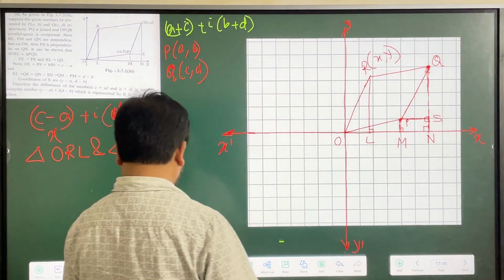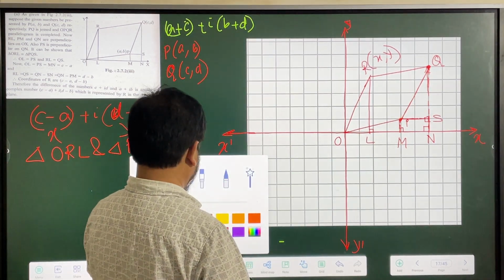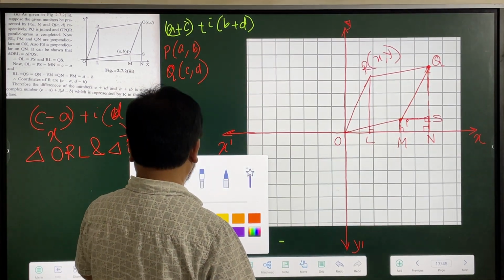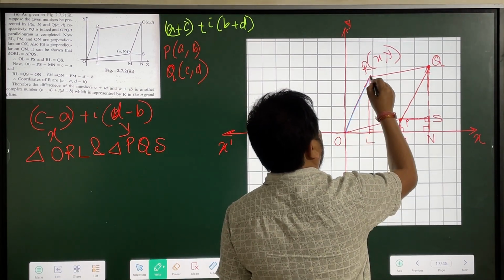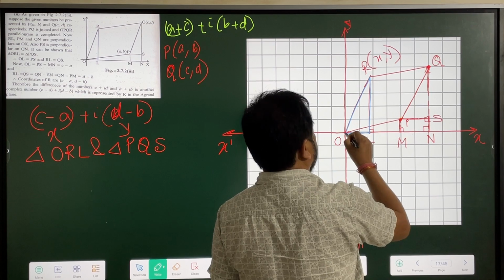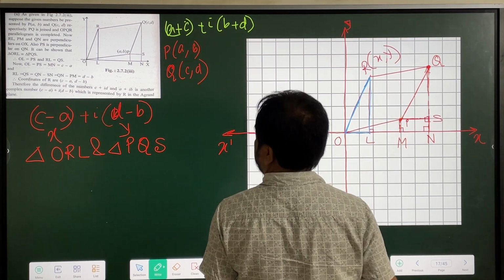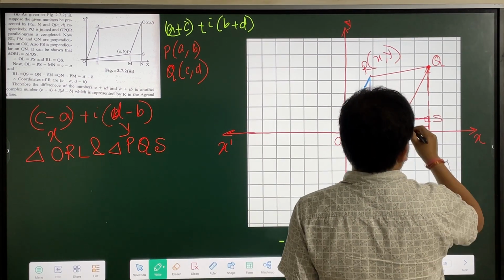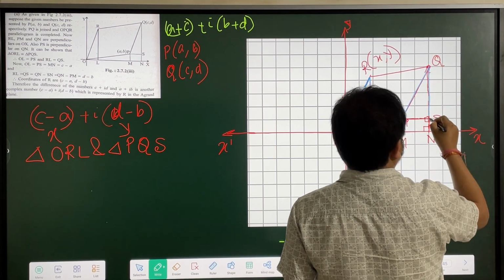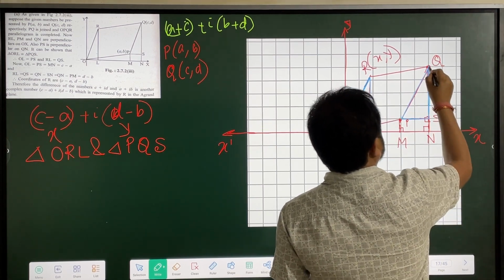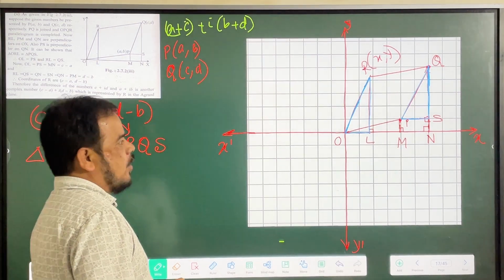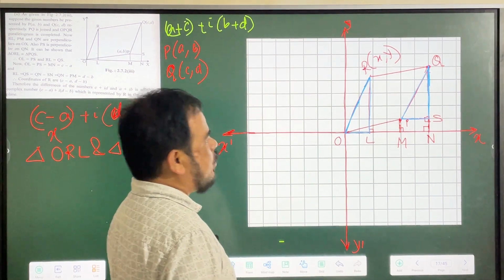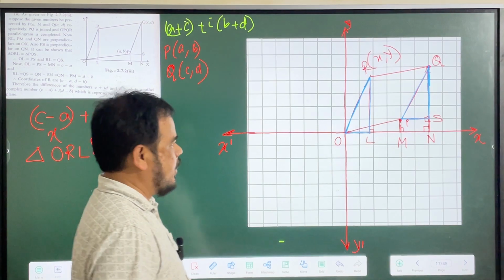This triangle ORL and PQS, these two triangles we have to prove congruent. To prove these two triangles congruent, we need three conditions as we know already.